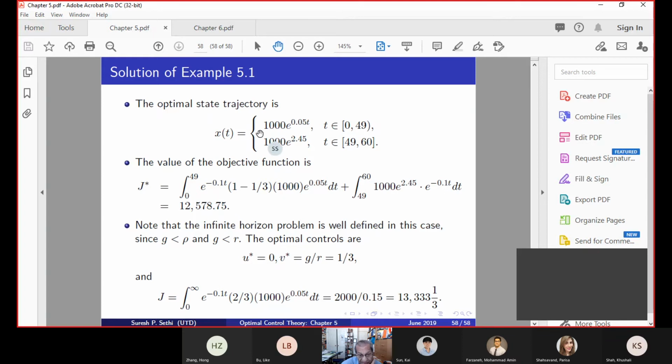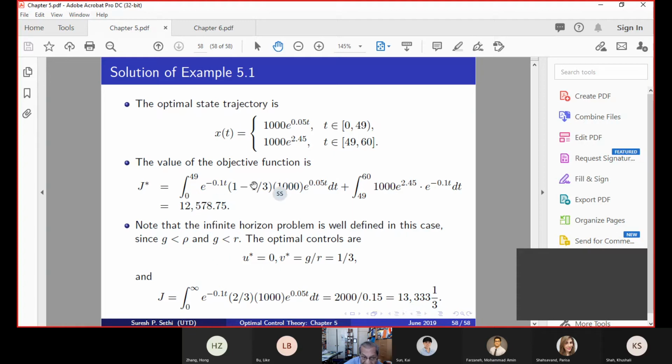Notice, in this case, the infinite horizon problem makes sense. The limit makes sense. So we take the limit, since G is less than rho, G is less than R, you'll see these conditions in there. The optimal control is forever this. And if I take the limit of 0 to infinity forever, like this, I get 13,333 1/3 instead of this.